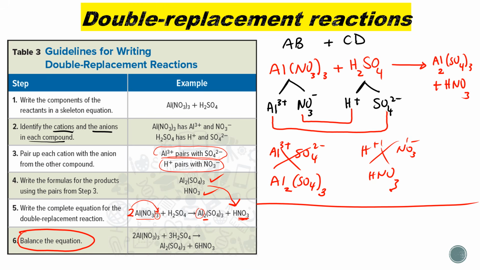And here we have 1 NO3, so we need to write 6 here. All right? And here we have 3 SO4, and here we have only 1 SO4, so we need to write 3 here. And this is how we balance the equation, guys. Okay? اللي هو الدرس الأول. So you can also practice on balancing these types of equations.